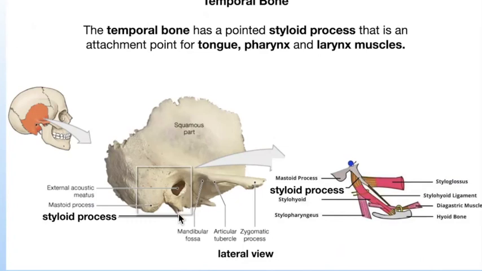On the left, I think it's a little bit covered up by all of the arrows pointing to it, but it's the pointy thing just anterior to the mastoid process. And here we're seeing it in a cartoon, and now they're showing you that it's a pointy process anterior to the mastoid process, and then they're showing you all of the muscles that are attached to the styloid process.